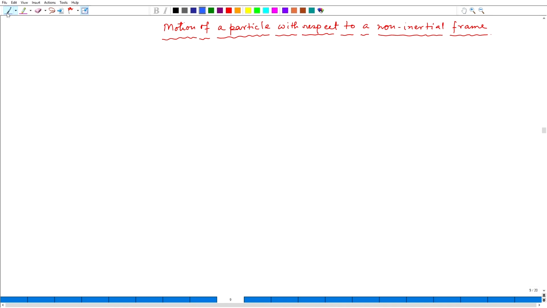So, here I can give you the formula for relating the d/dt of an inertial frame of reference and a rotating frame of reference with respect to that inertial frame and sharing the same origin.